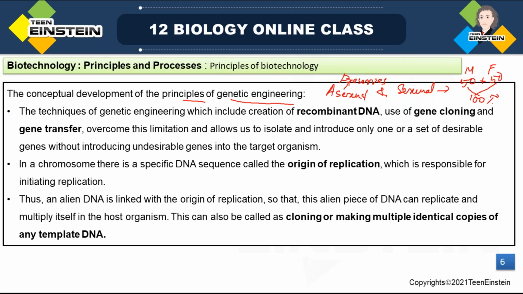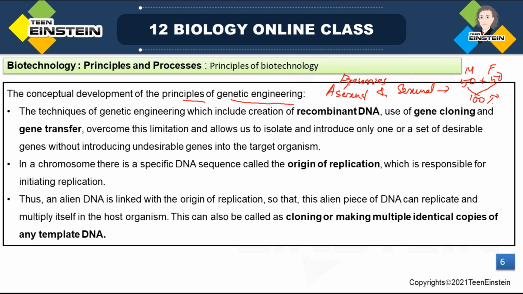Along with the desirable genes, undesirable genes also will multiply, right? That means we can't remove all these things. We can make different combinations. See, in one male parent, one character is there. In another female parent, another character is there. So we need both characters in the next generation. Means we can combine, we can join those characters through sexual reproduction.